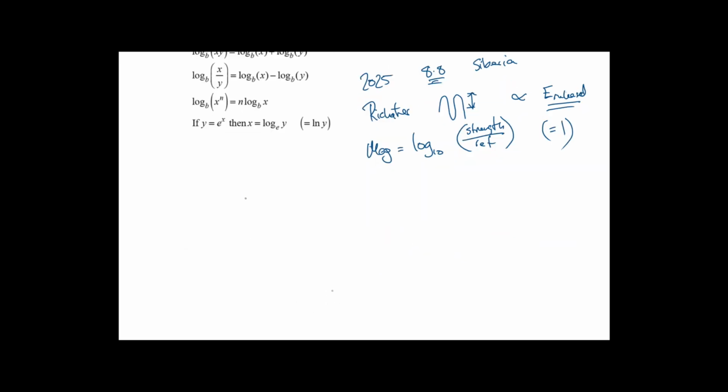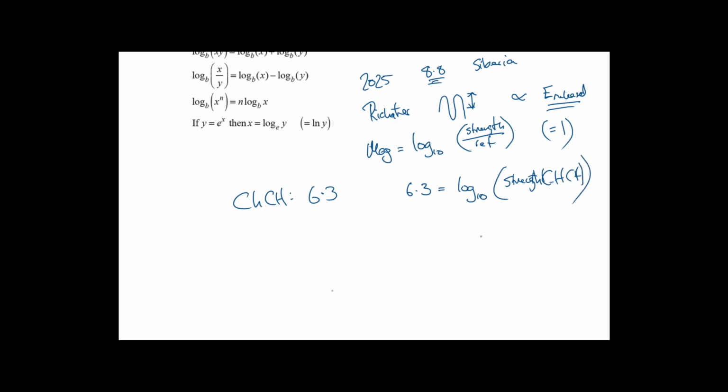So the Christchurch earthquake was 6.3. So that means 6.3 equals log 10, and because that reference is going to cancel, it's going to be the strength of Christchurch. I'm going to put it like that.